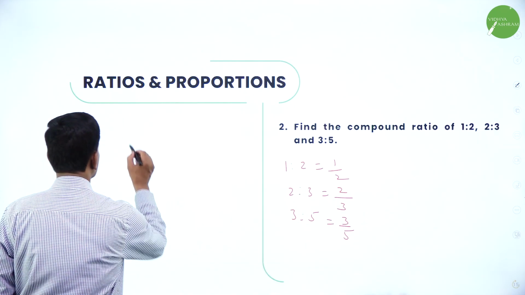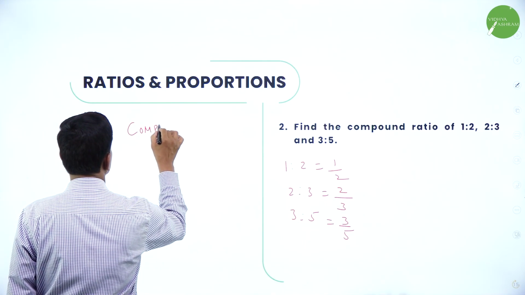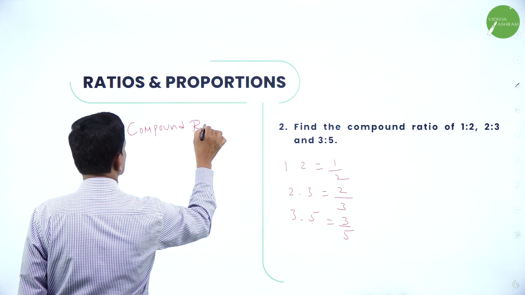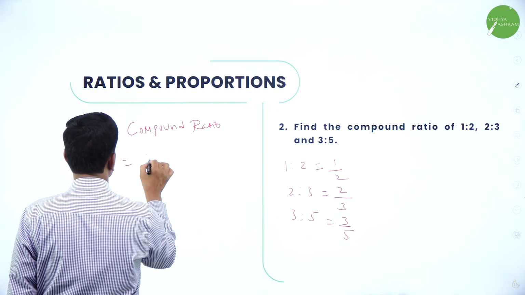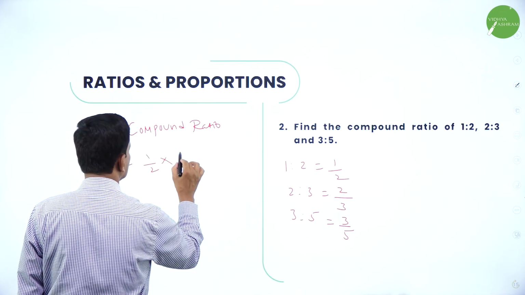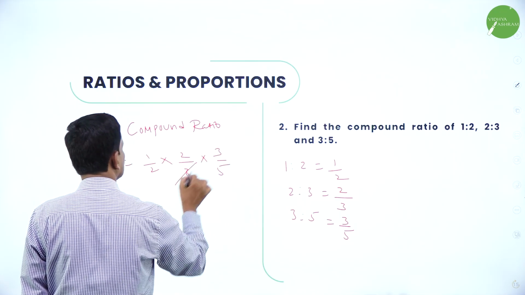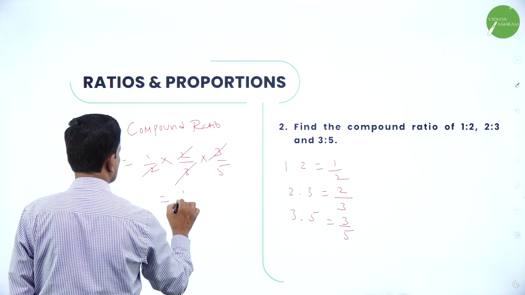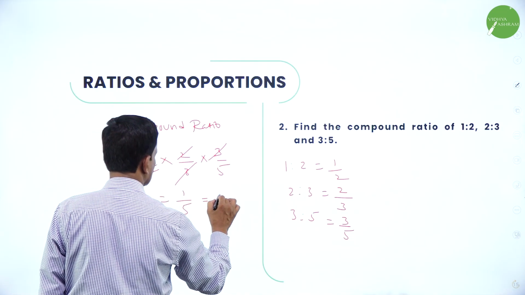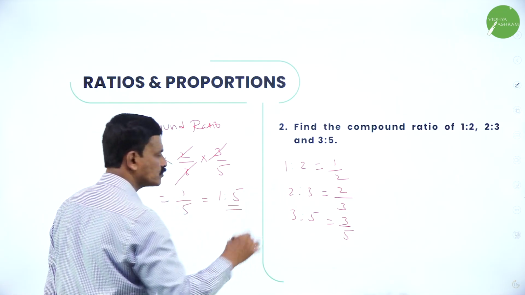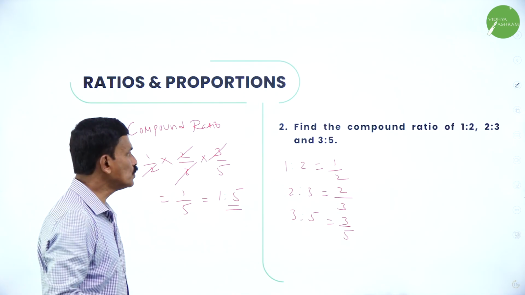Therefore the compound ratio is equal to 1 by 2 into 2 by 3 into 3 by 5. 3 gets cancelled, 2 gets cancelled, and we get 1 by 5, that is 1:5. 1:5 is the compound ratio.